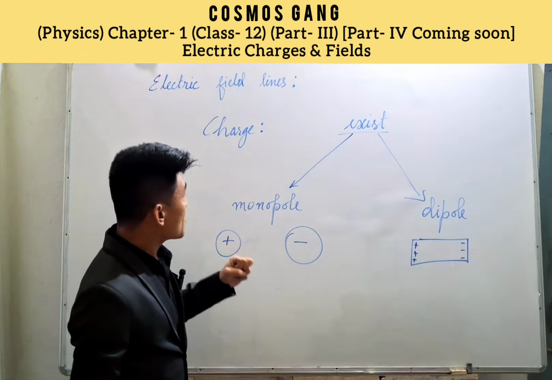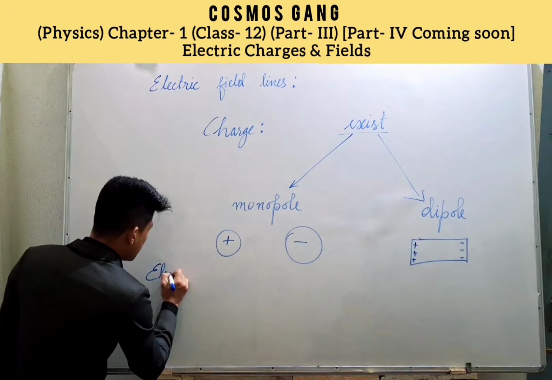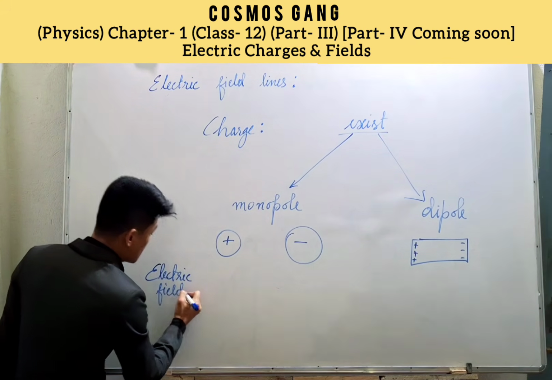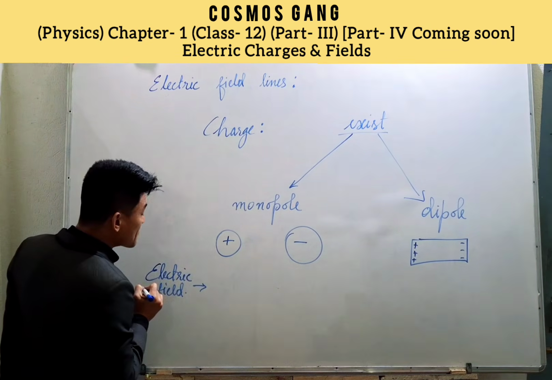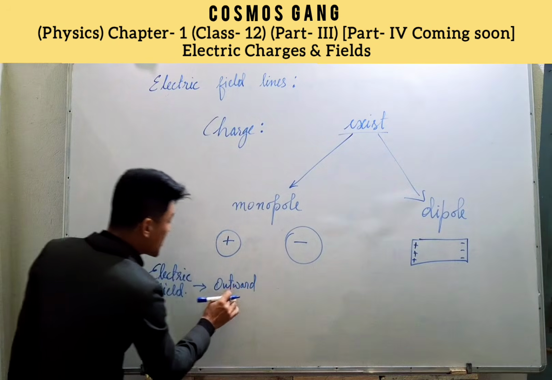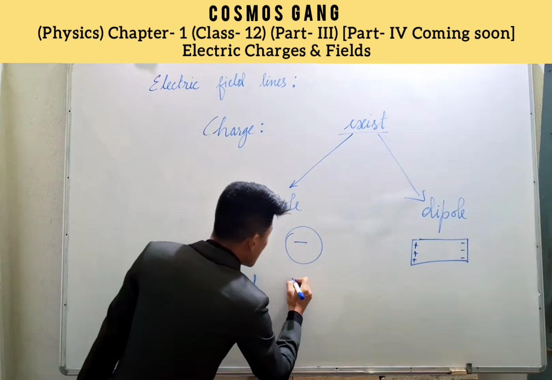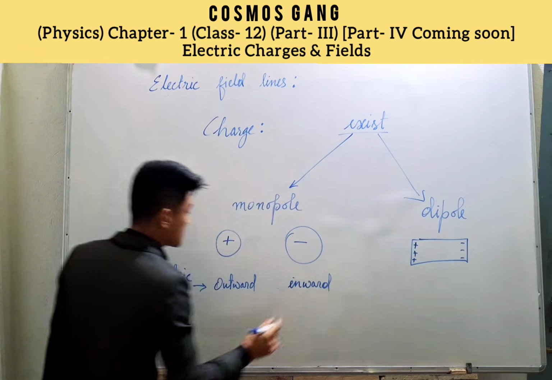In our electric field, the direction of electric field in a positive charge will be directed outward, whereas in a negative charge, it's going to be directed inward.